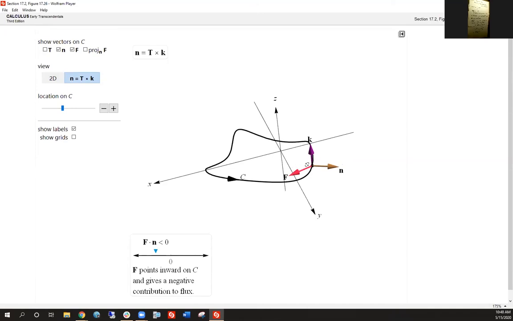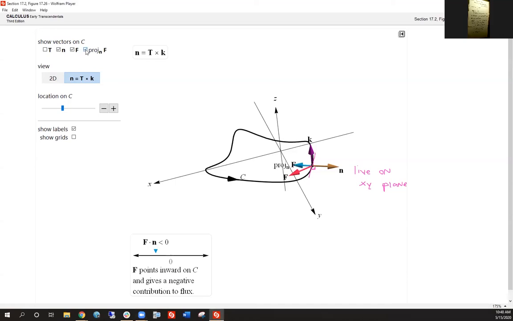And then your normal vector, notice, is always going to be perpendicular right here to the curve. So this normal vector that we just found is going to live on the XY plane, or at least it's parallel to the XY plane, and it's going to be perpendicular to the curve.